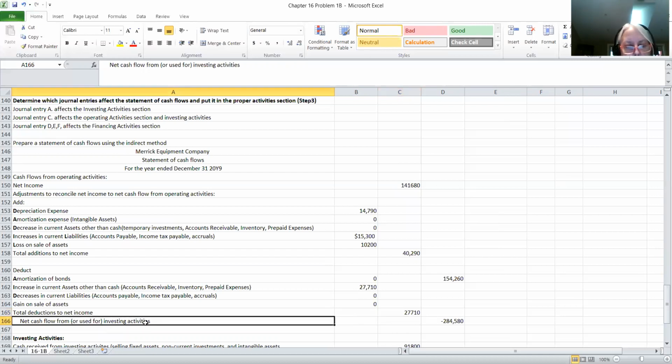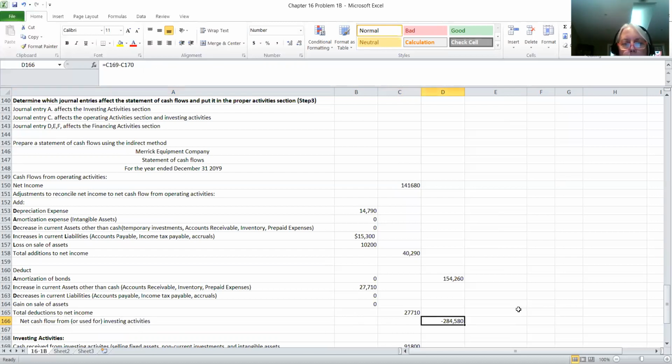The net cash flow from or used for investing activities is going to be $284,580.